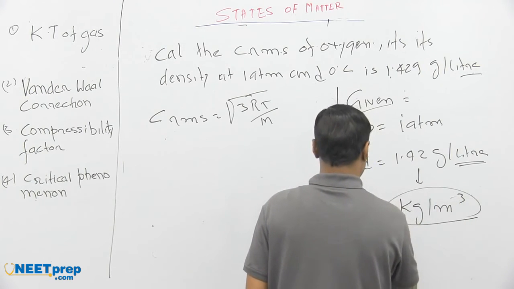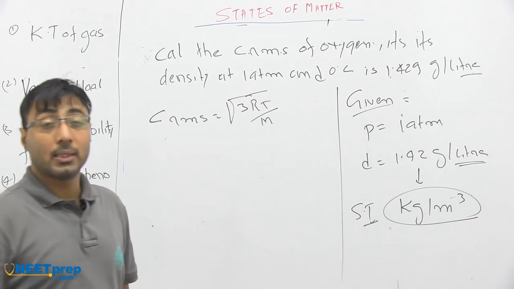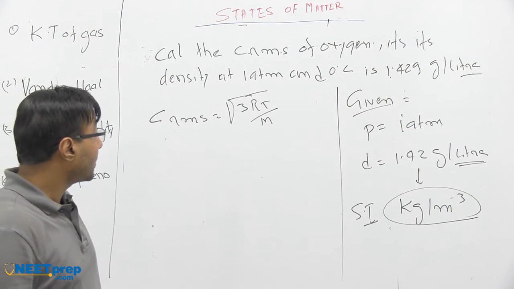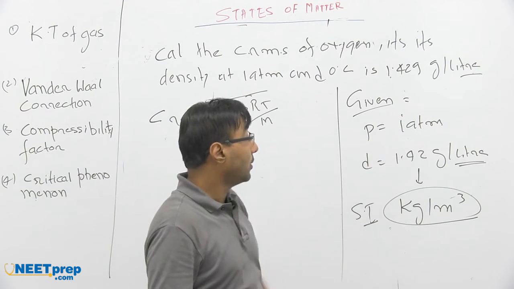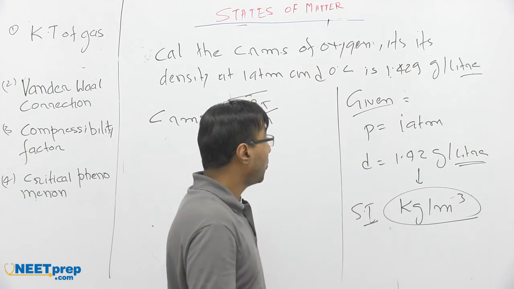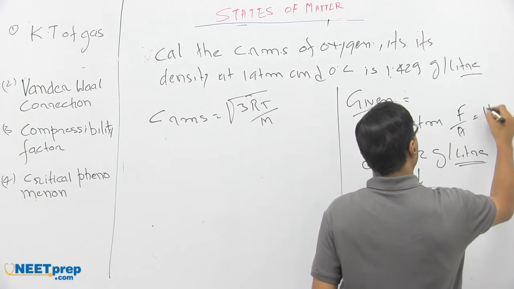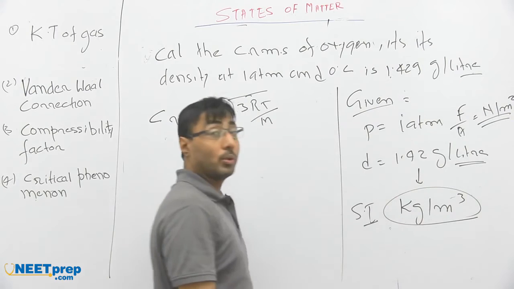So we need to convert this density into SI unit, and before that we need to convert atm into Newton per meter square, because the unit of pressure is force by area.